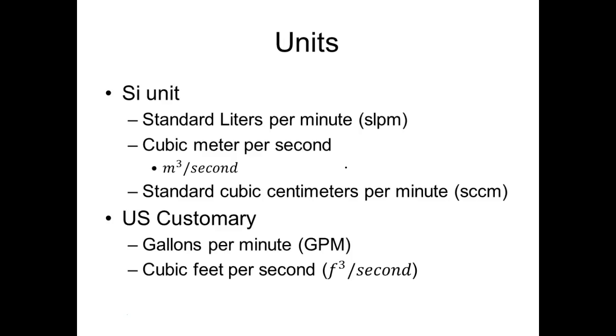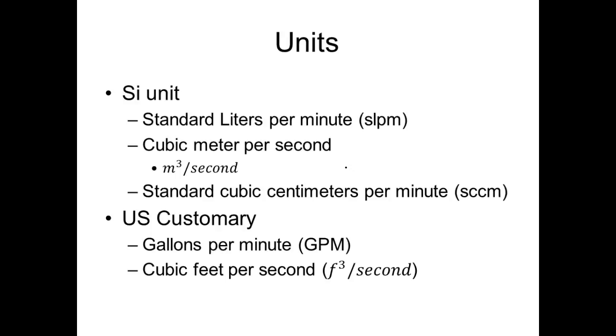So these indicators, what's the SI unit for flow? Now remember, flow is volume, how much volume you can move. To calculate area is going to be something squared, right? To calculate volume is going to be something cubed, because you multiply the length times the width times the height.